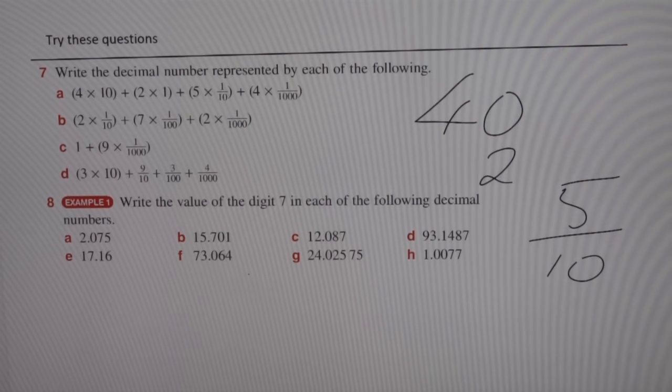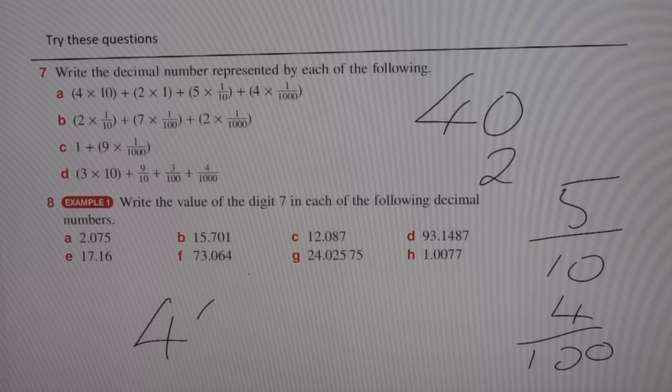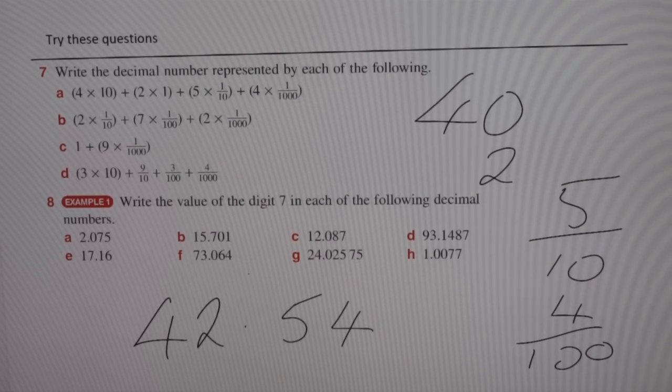And 4 hundredths, so that's 4 over 100. So if we write those numbers out, it's 42.54. Oops, made a mistake.